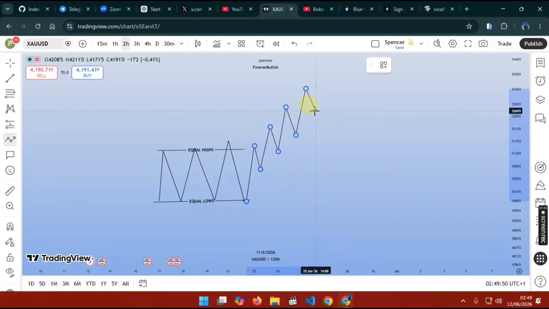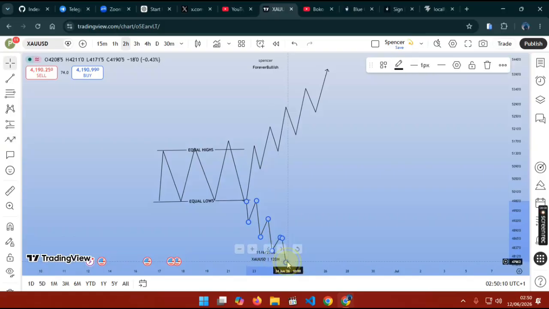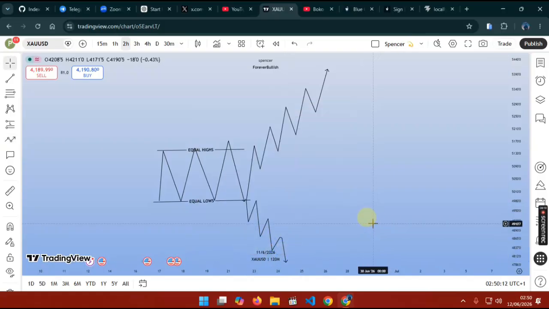It can also break down to the downside, come back to tap this here and start moving. So there's no fixed way that the market should move. The market either tends to move upside or downtrend, or it consolidates.